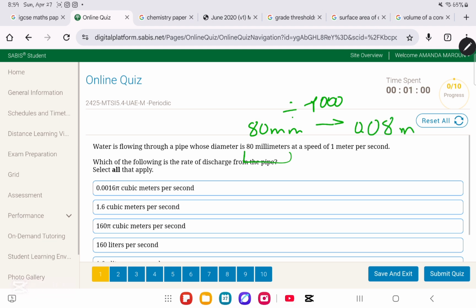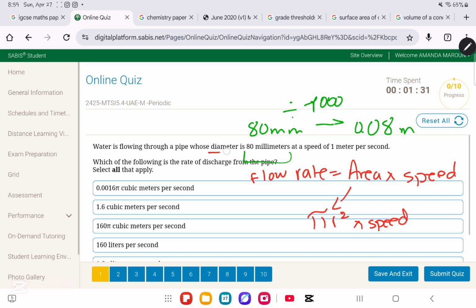The second step, to calculate the flow rate: the flow rate is equal to the area times the speed. How do we find the area? The area is pi r squared, times the speed.